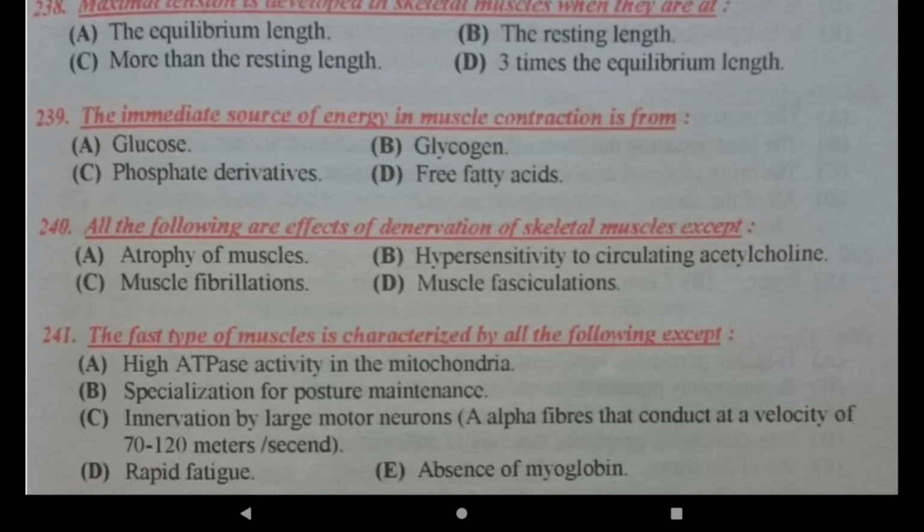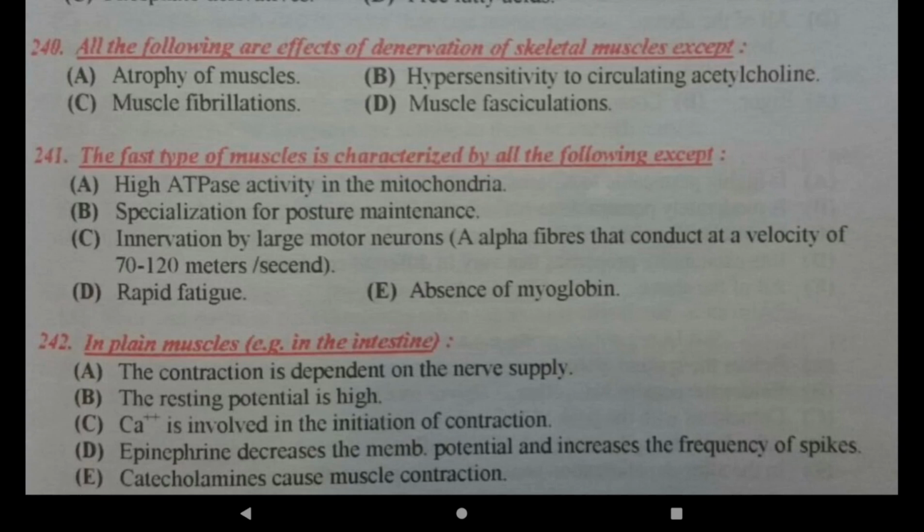It's like when people go to the gym, the fascicles will increase in number or in size. So that cannot happen when the muscle has been denervated. So the correct answer for 240 is D.